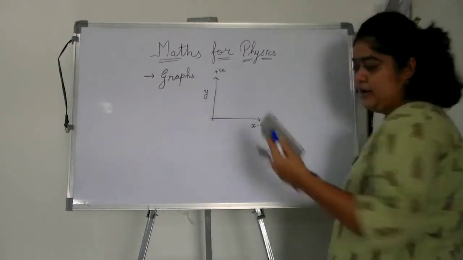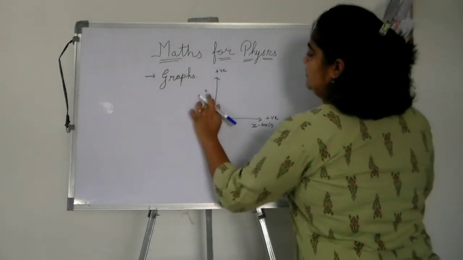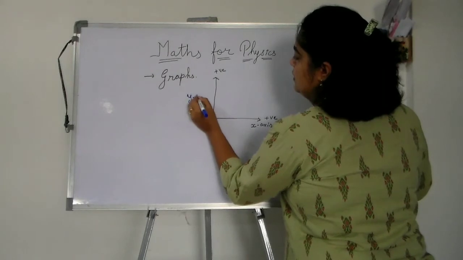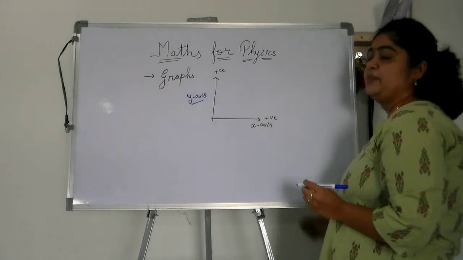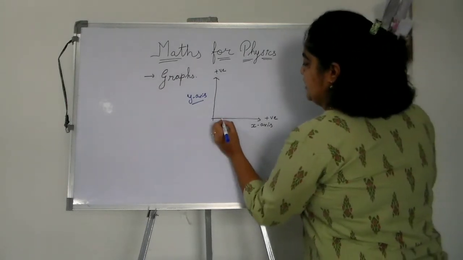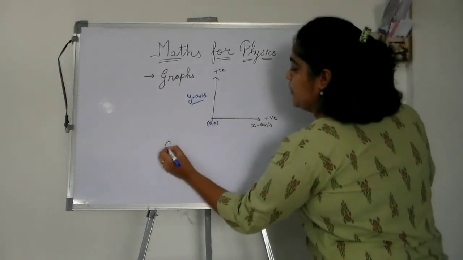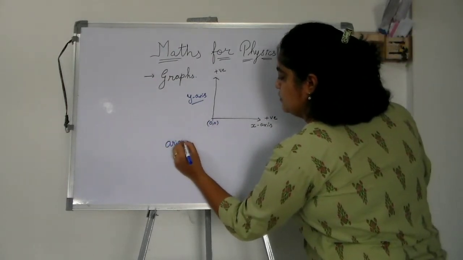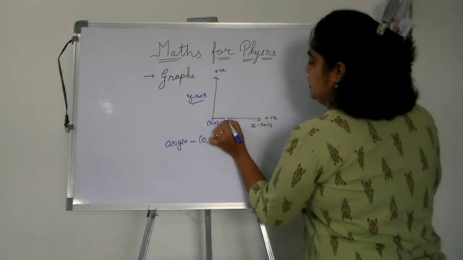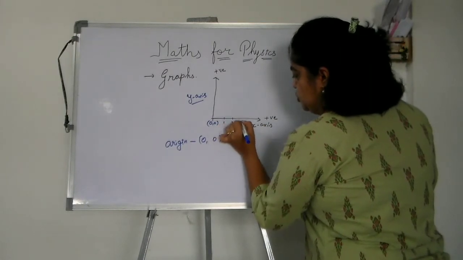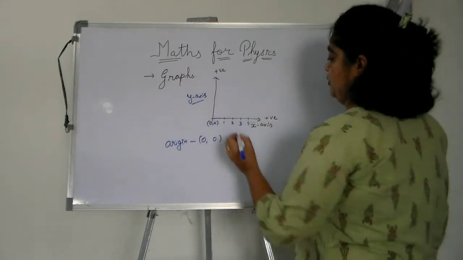So in this particular chapter, we will have this y-axis. This is positive x-axis, positive y-axis. So how do we plot? Say this is 0. So 0x, 0y, origin. Say this is 1, 2, 3, 4 and so on and so forth.